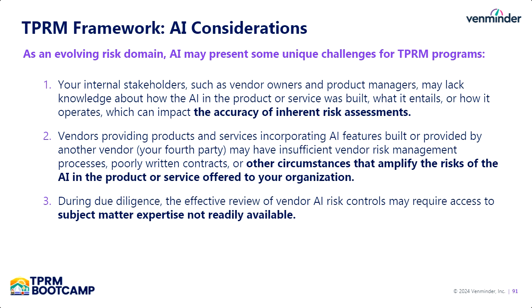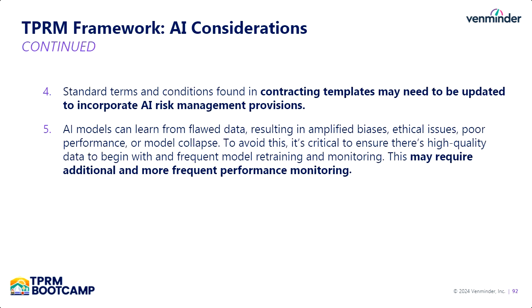And the last one here is that during due diligence, that effective review of AI controls requires access to subject matter expertise that may not be available in your organization. And as I mentioned before, your current contracts, your existing templated language is probably not addressing this. So that's something that we need to really focus on every single time we do a contract for an AI product or service.